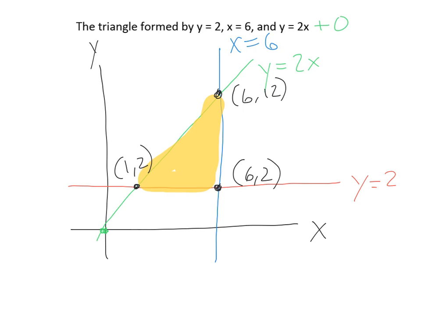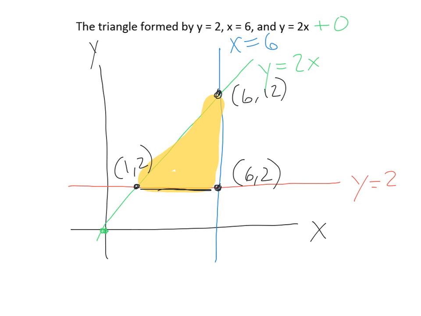So this is why this is useful, because now I have enough info to find the base and the height of this triangle. So if I were to just focus on the base right there, that's the difference in the x values. I'm going from 1 to 6. My y values don't change at all.